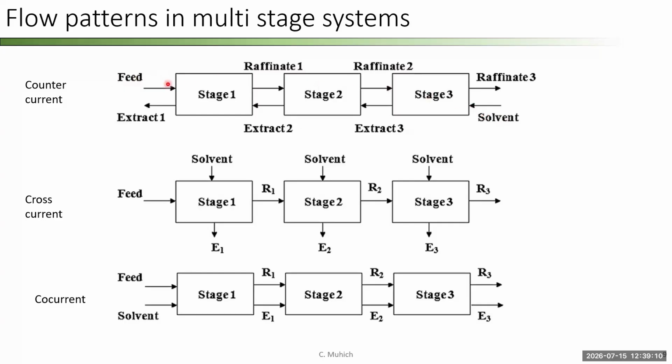So this feed containing our desired molecules that moves from stage one to stage two to stage three should be mostly used up, right? And so the used up feed, which has the lowest driving force to push molecules out, is exposed to the virgin solvent, which has the greatest pull of molecules that we're going to see.